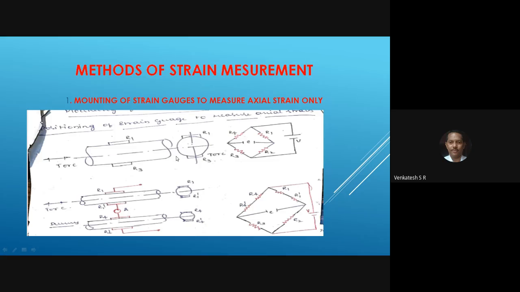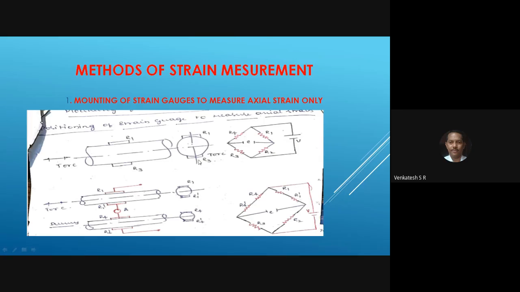Next, come to the point: the mounting of strain gauges in case of measuring axial strain. Axial strain means if you apply tension or compression, P or C, on the shaft, you fix the resistances, that is, the strain gauges, diametrically opposite to each other, R1 and R3.